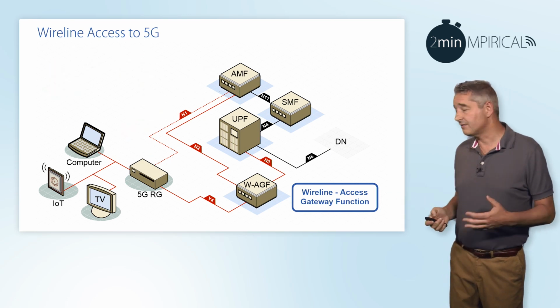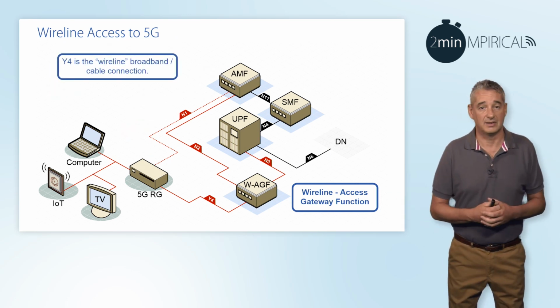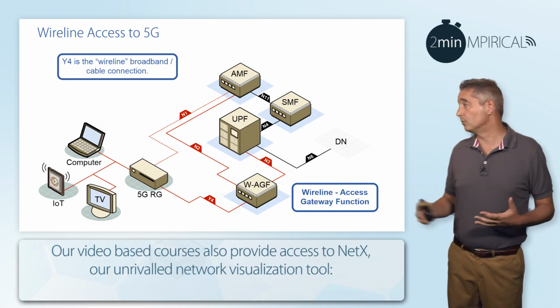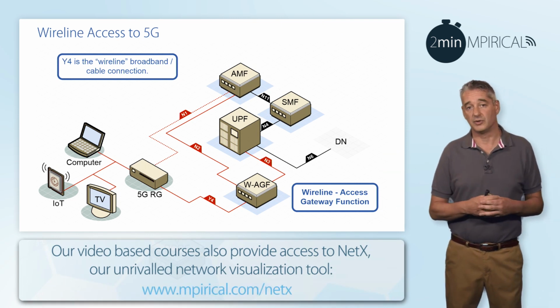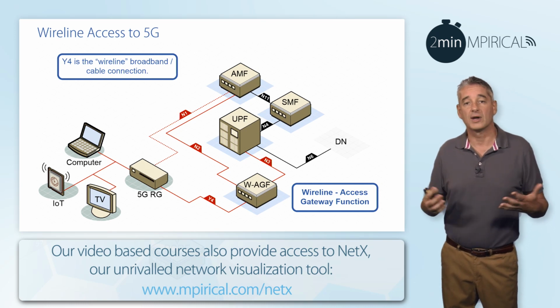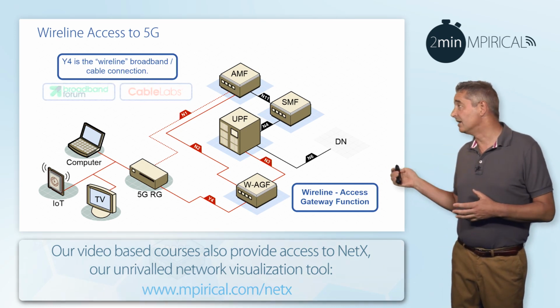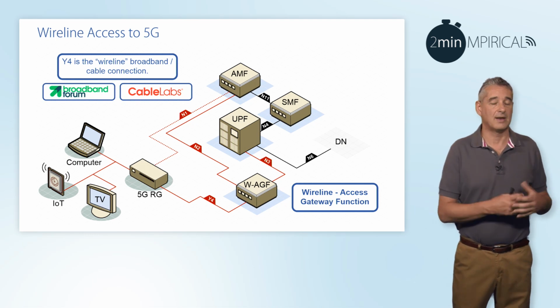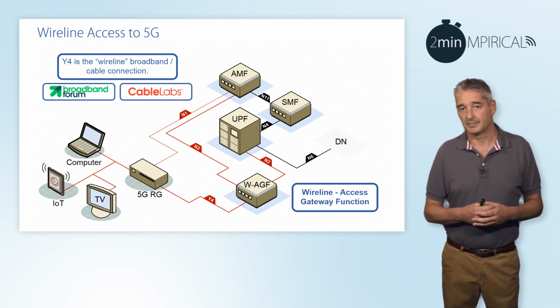But in the case of traffic, we'll see things changing a little bit. For now, the traffic will pass across the Y4 reference point, which is our wireline network, based on broadband or cable networks, and again supported by the likes of the Broadband Forum or Cable Labs.